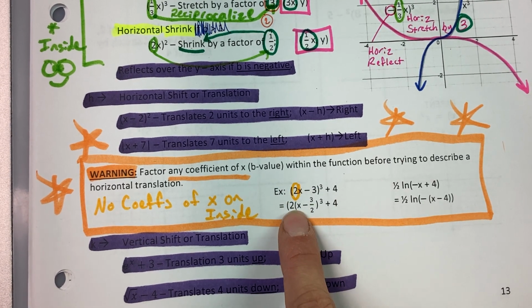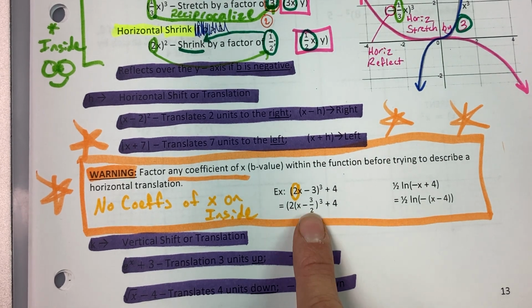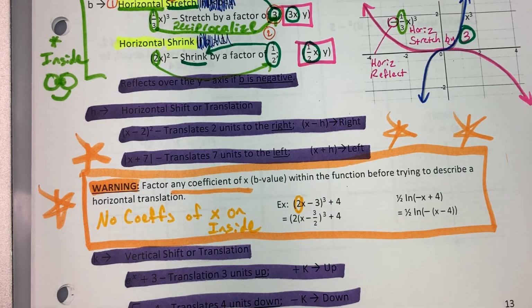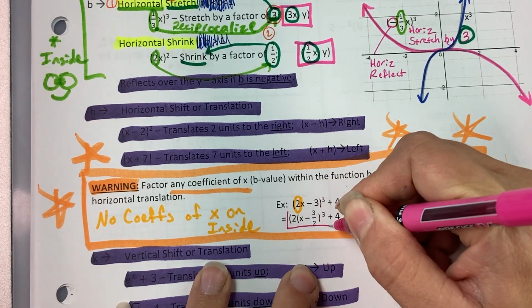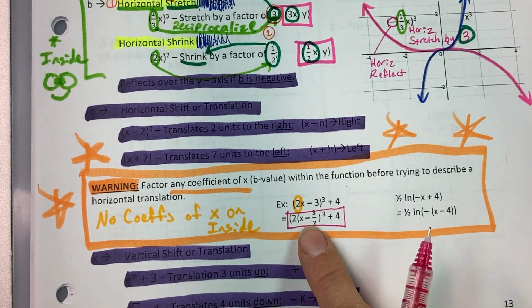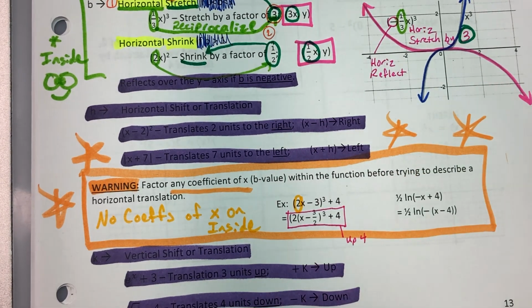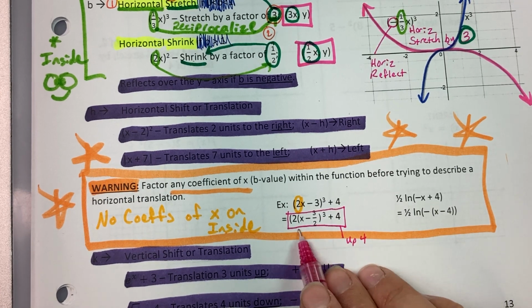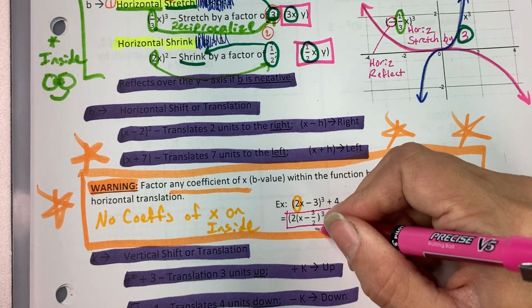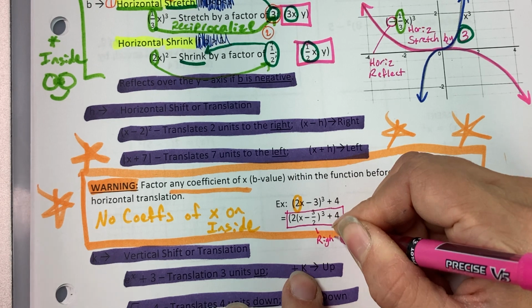So when I divide both of those by 2, notice that it is still inside my cubic function, but it has changed my sliding transformation to be -3/2 instead of -3. So I have to factor out this coefficient first, and now I'm going to be describing what I see here. As I said, the +4 is going to move us up 4. This -3/2 is on the inside of our cubic function. So we cross our eyes and it moves it right 3/2.